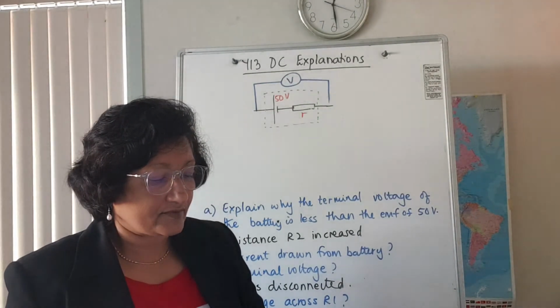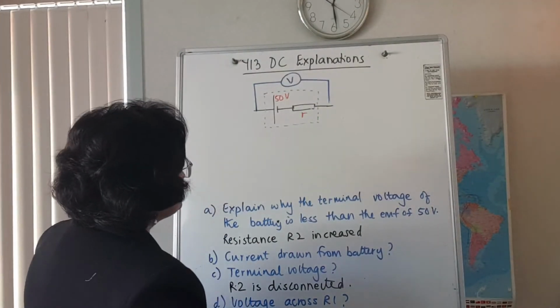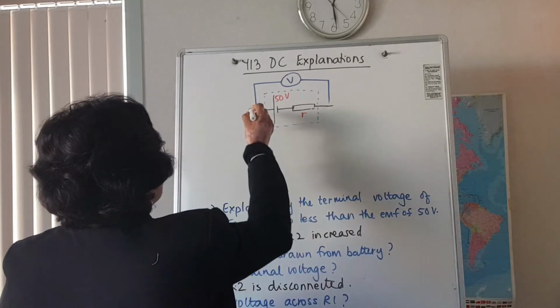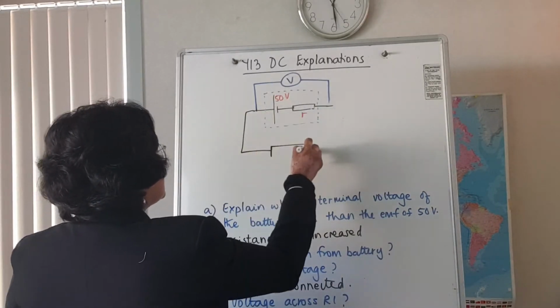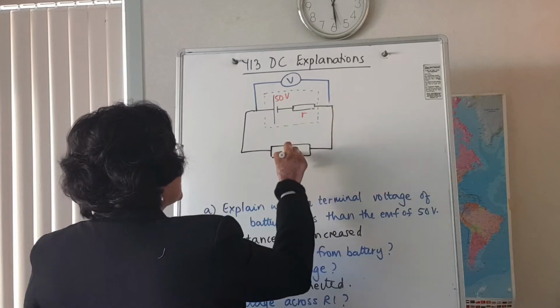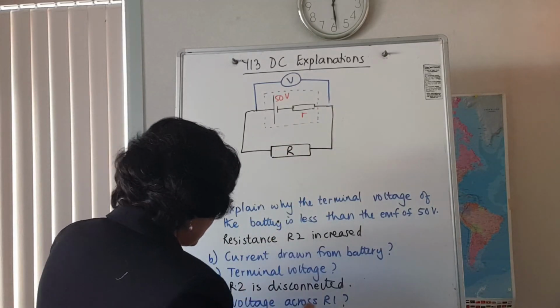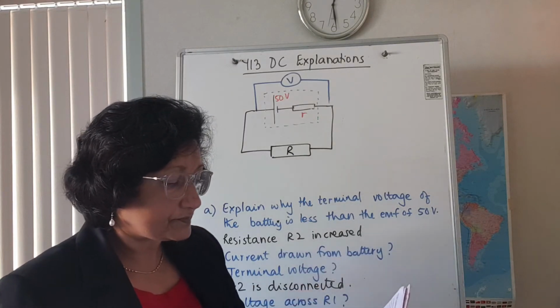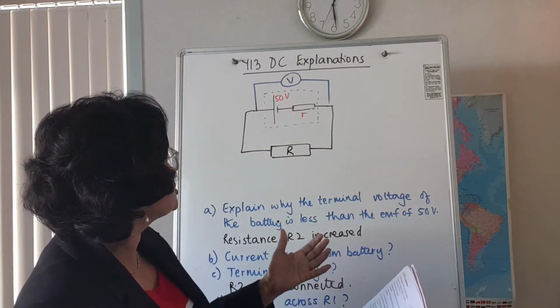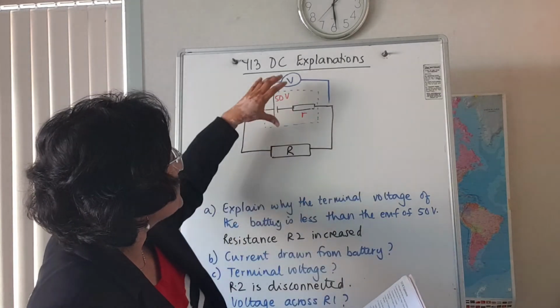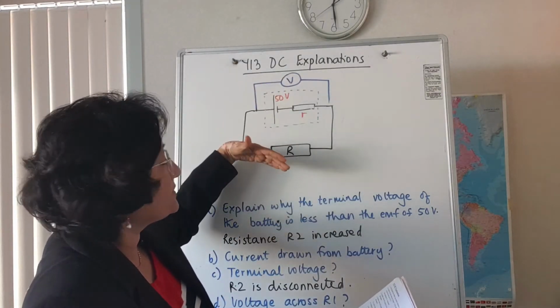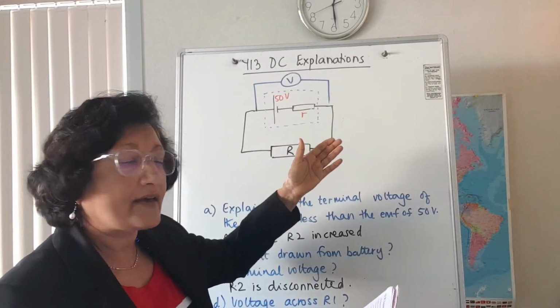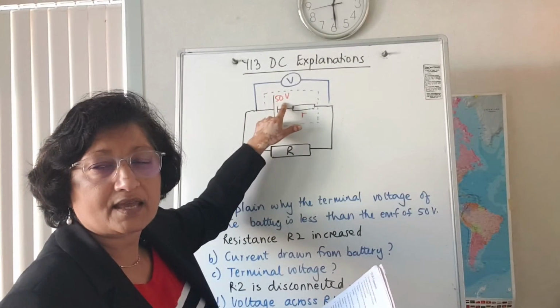And question F is, if you have two similar circuits, each supplying a load, so there is something on the outside, what can you say about the terminal voltage in two scenarios? One when the battery is old, one when the battery is new, and they both claim to have the same EMF.